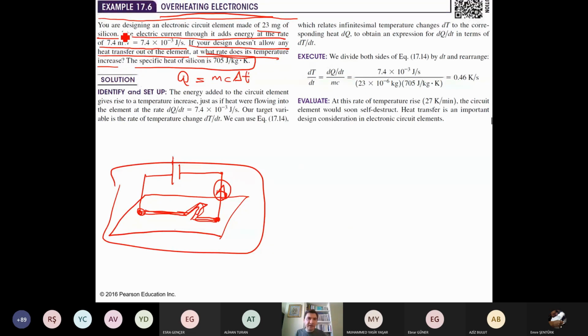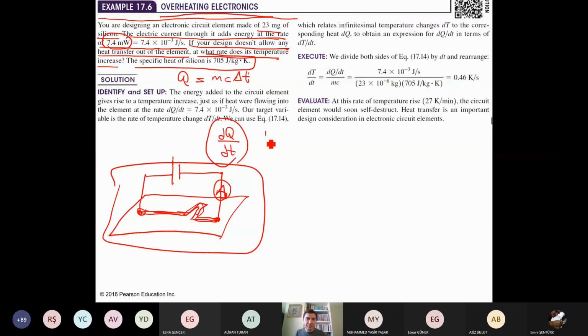We add the energy at the rate of 7.4 milliwatt or 7.4 times 10 to minus 3 joule per second. So we have this one. You give the energy into the system. It is given. Okay, and this one is asked.